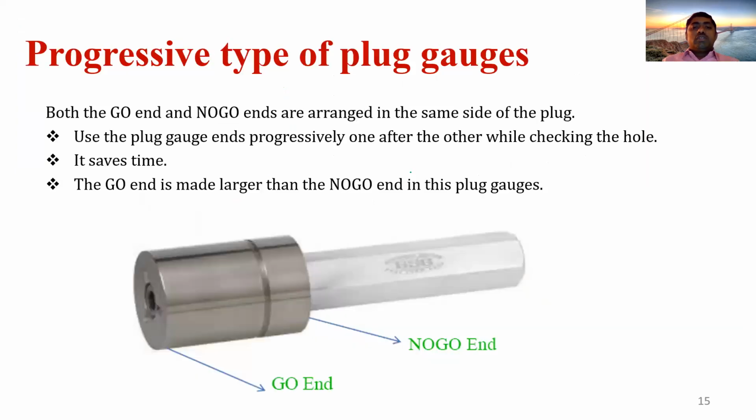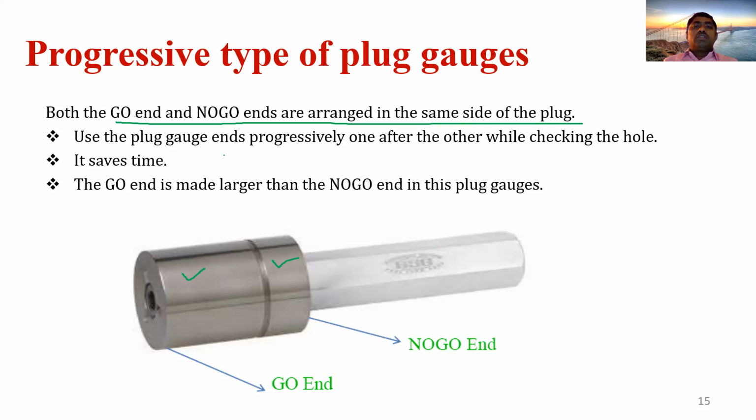But in this case, you need not flip the gauge. You can measure both the lower limit and the upper limit, as both the go end and no go end are arranged on the same side of the plug.